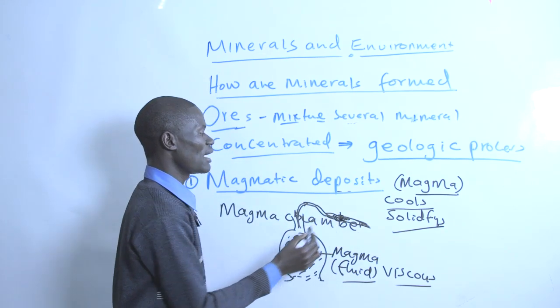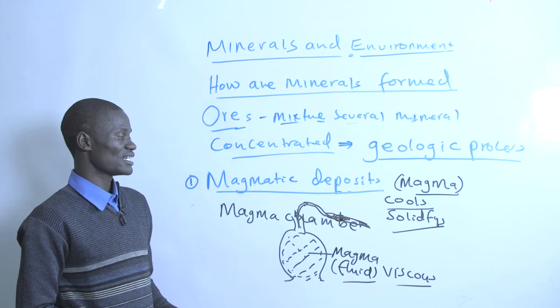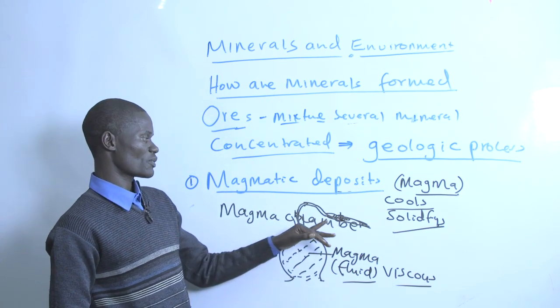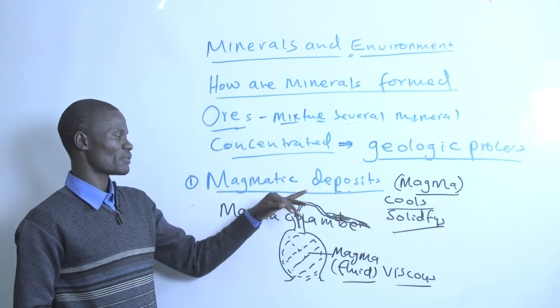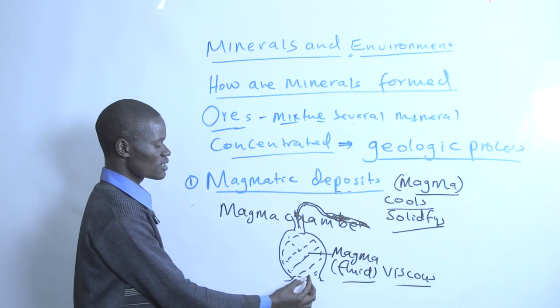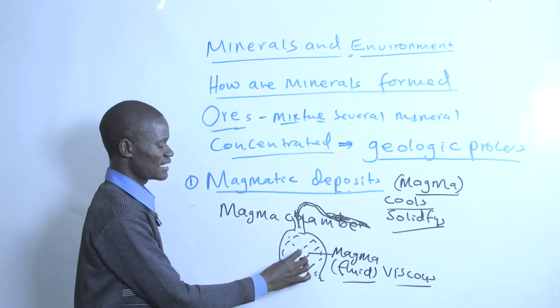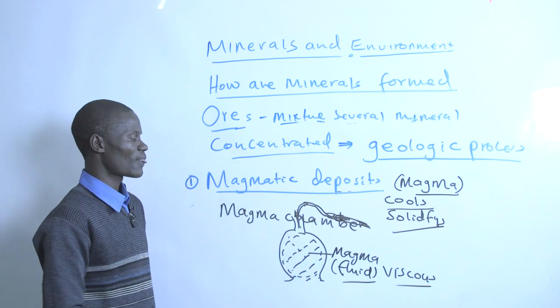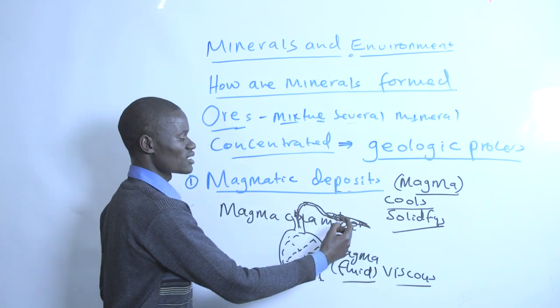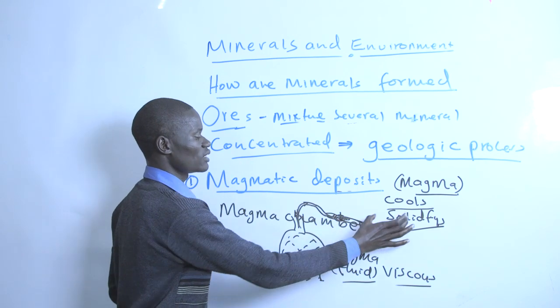That is magma deposition. That is the geologic process, which you call magma deposition, that allows the minerals that are contained in the magma, when they flow out, to cool and solidify.